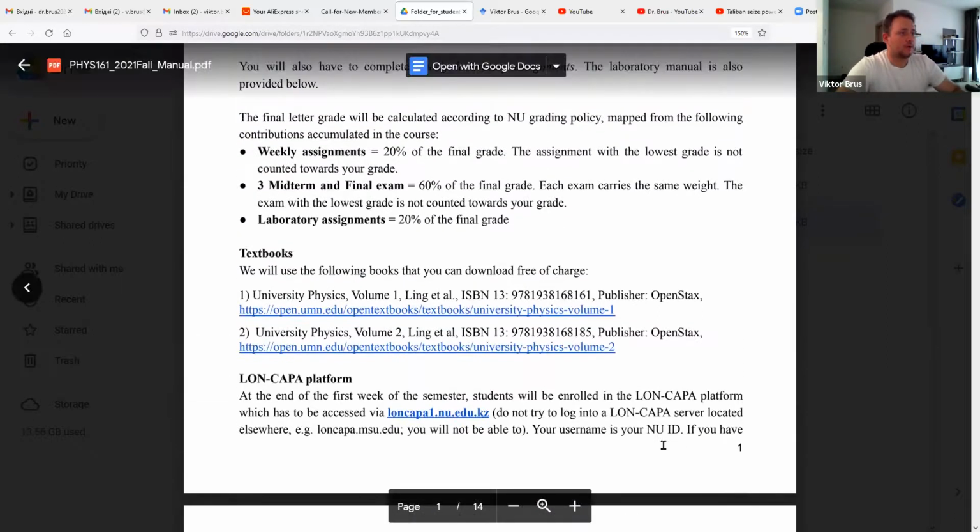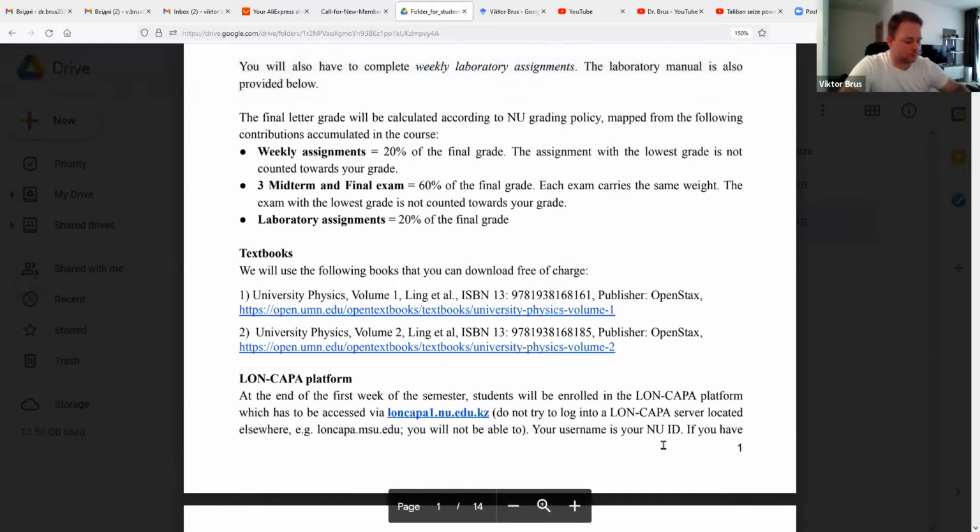So in order to give you a chance to practice a bit, during second week, you will get this homework assignment. You will have a chance to log into LongCAPA, solve these problems and submit your correct answers in order to practice how it works.